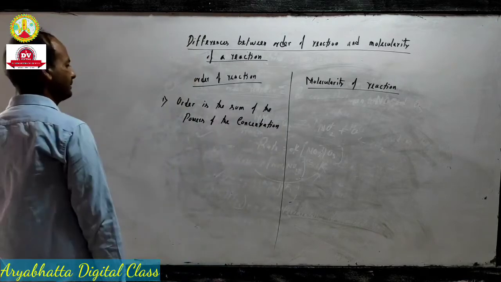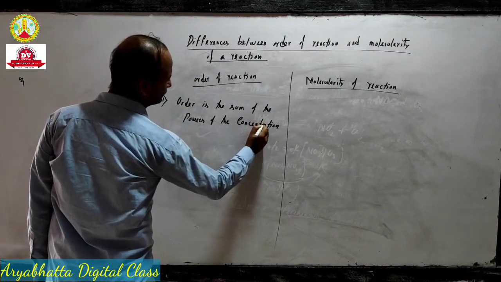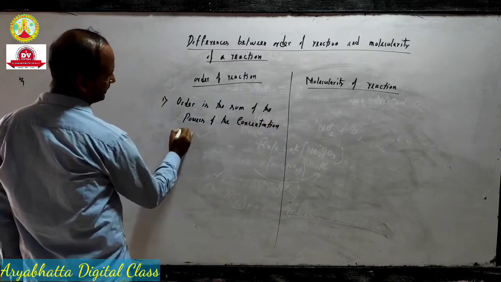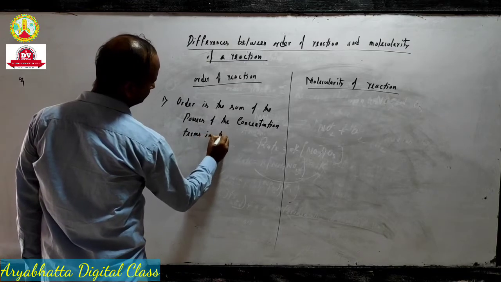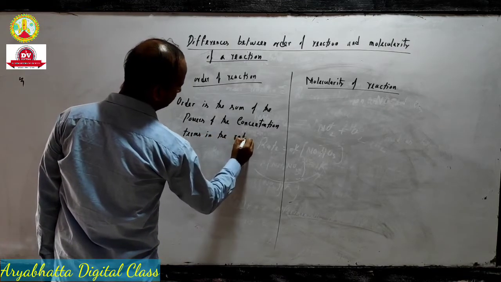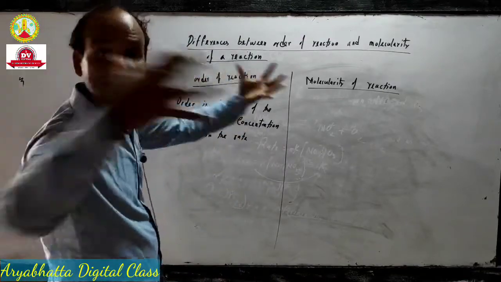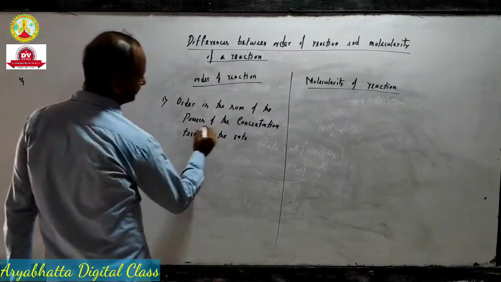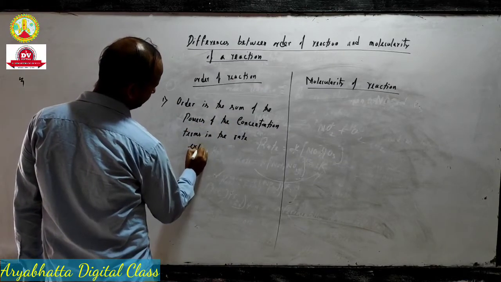Write like this. Order is the sum of the powers of the concentration terms in the rate expression. Rate expression में जो concentration term होता है ना, उसका power तुम लोग add कर देना. हाँ. Order is the sum of the powers of the concentration terms in the rate expression.